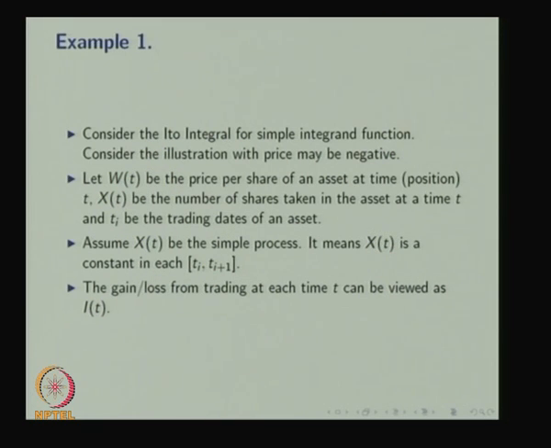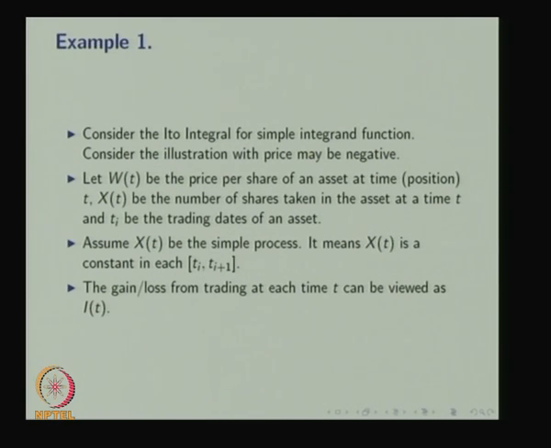Let W_t be the price per share of an asset at time t, X_t be the number of shares held in the asset at time t, and t_i be the trading dates of the asset. Assume that X_t is a simple process, that means it takes a constant value in the interval t_i to t_(i+1). There is a possibility the price may go down, so the gain may also be negative.